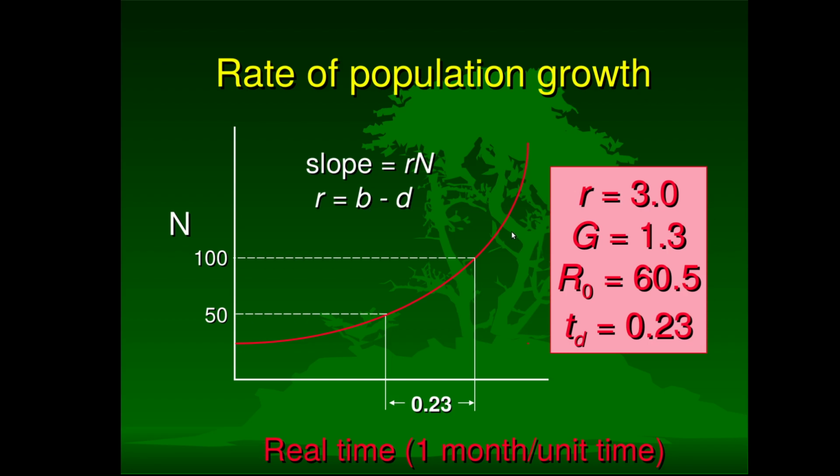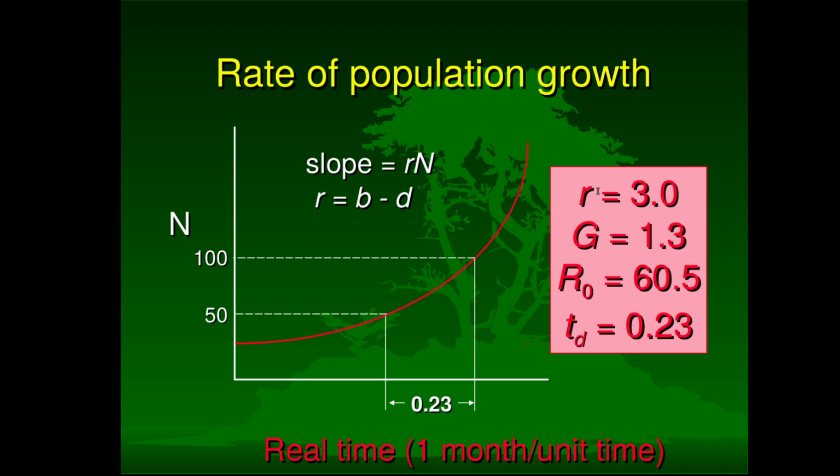So it turns out that the rate of increase we just calculated isn't the rate of increase for any random collection of nudibranch individuals of any age. It's a very special rate of increase represented by this number r, little r.